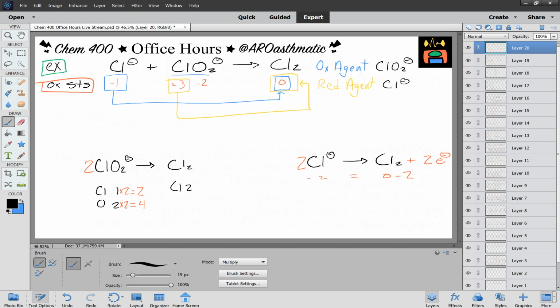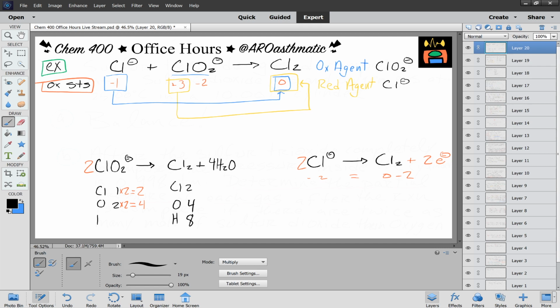Now, whenever you need to balance oxygen, you always add water. So adding 4 molecules of H2O will balance the number of oxygens, but it also introduces 8 hydrogens to this reaction.